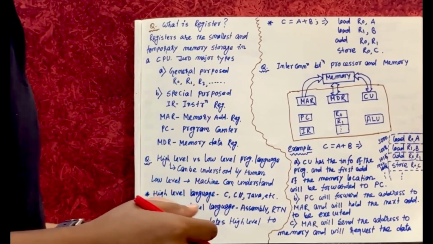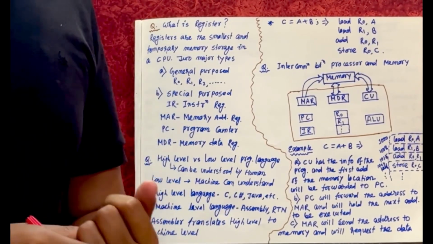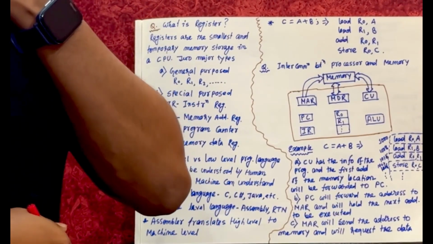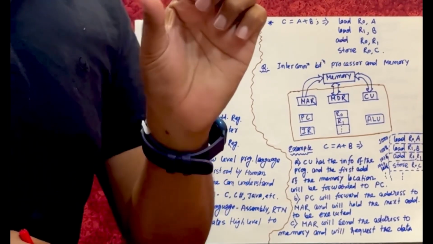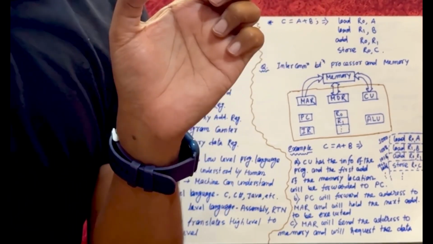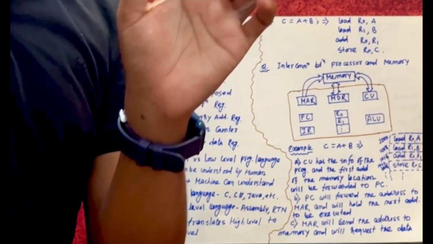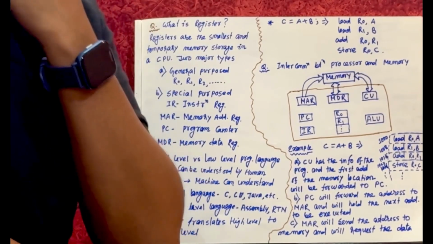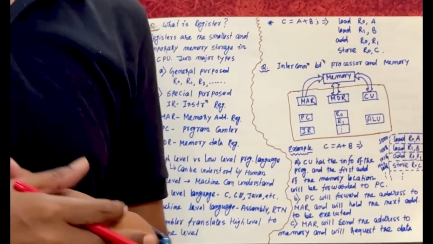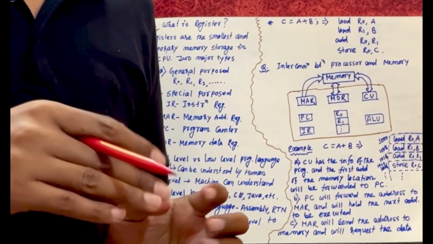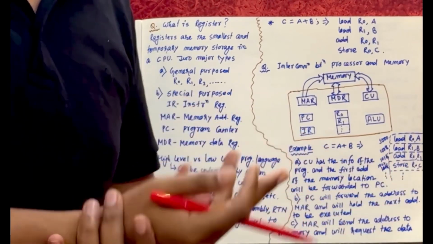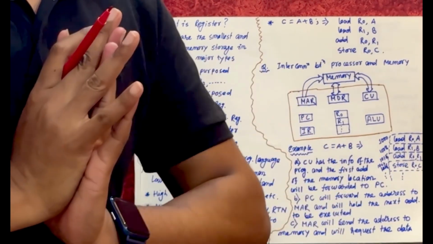In short, whenever we fetch any instruction from any program, PC holds the first address which you need to execute. But in the execution state, if anyone asks you the purpose of PC, then in execution, PC holds the address of the next instruction to be executed. What an address is and so on, we'll discuss in detail in the upcoming classes.